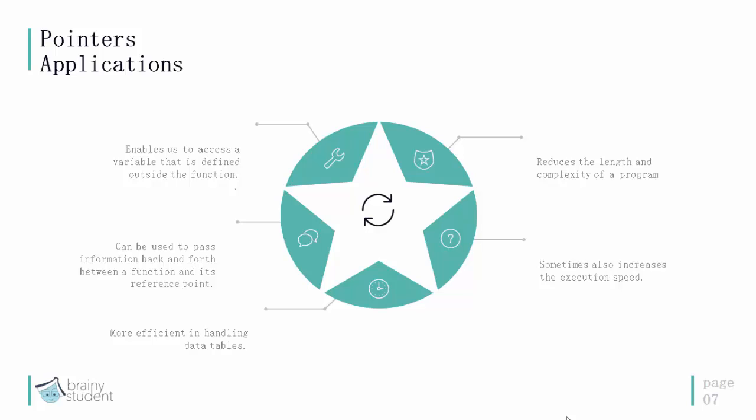We already studied this in the function chapter in our C programming. So if you do not know the concept of function, please refer to function once. Whenever we call a function, or whenever that function returns, it needs a reference point. For that also, our pointer will play a major role.